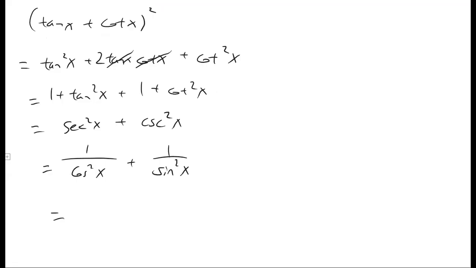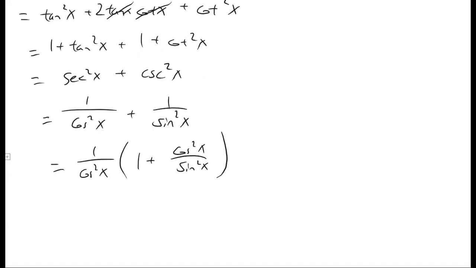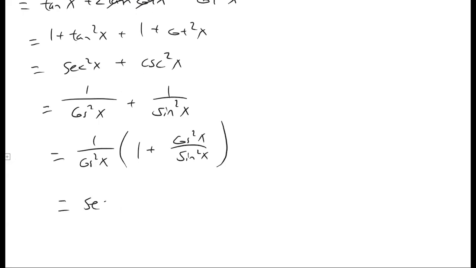Well, what if I just factor a 1 over cosine squared x out? Then this would be 1 plus cosine squared x over sine squared x. Okay, so this is 1 over cosine, which is secant squared x, and this is 1 plus cotangent squared x.